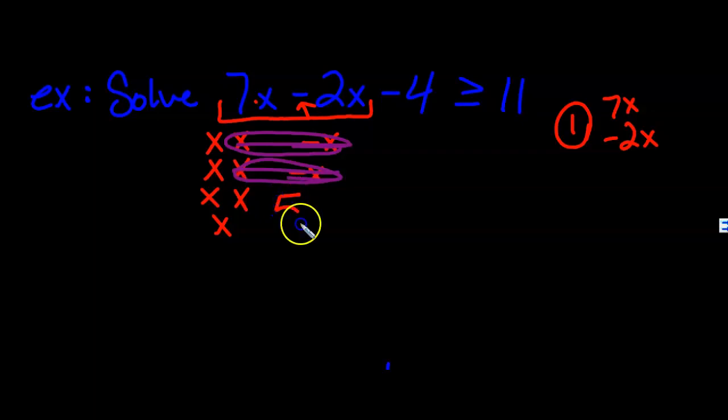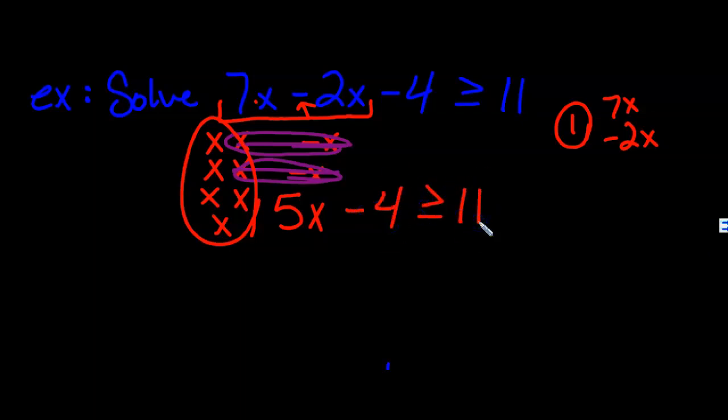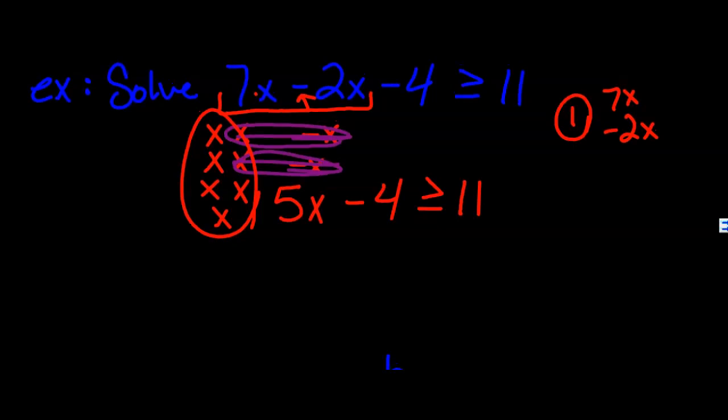We have 5x. Once we've combined like terms, we can recopy our inequality statement, and we are left with 5x minus 4 is greater than or equal to 11. Then we can move on to step 2.